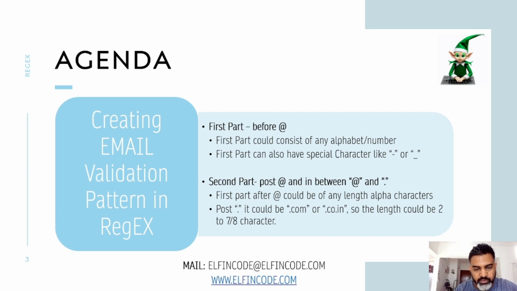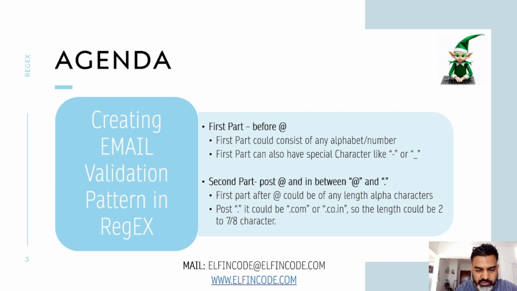Now there could be multiple different parts also. You can also see some email IDs with .co.in or .co.au or like that. Similarly, in the first part you must have seen email IDs like abc hyphen def at the rate gmail.com.